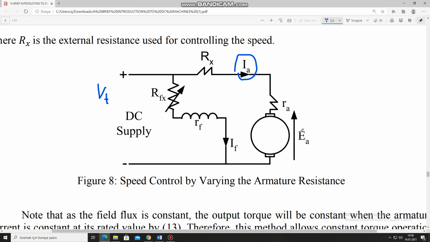Then we can write the back EMF equation. E_A can be written as V_t minus R_A times I_A. I_A is also constant, and R_A is just the resistance of the winding, so it's also constant. These are all constant, which means E_A should be constant.